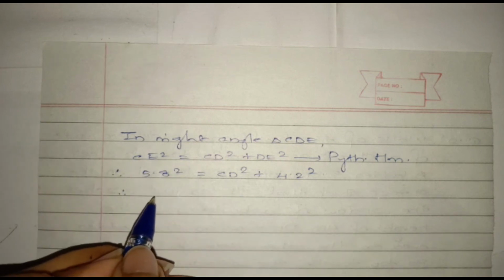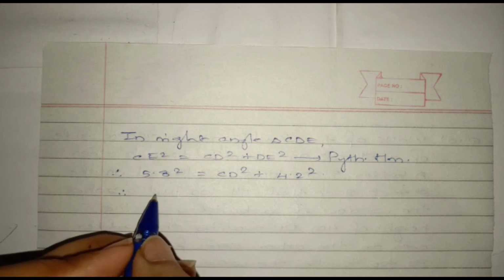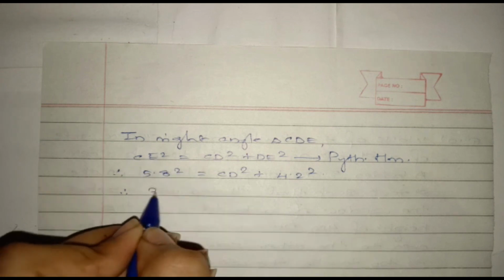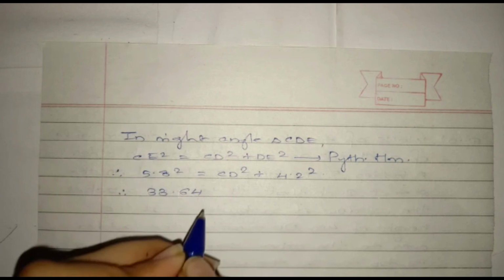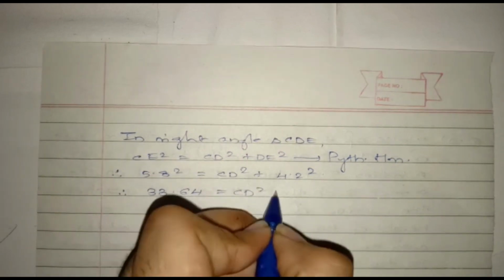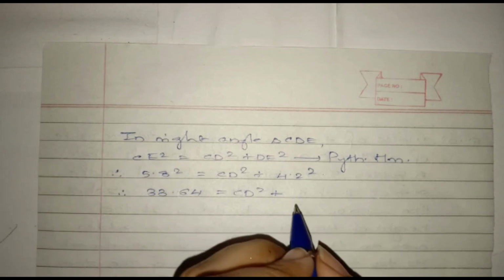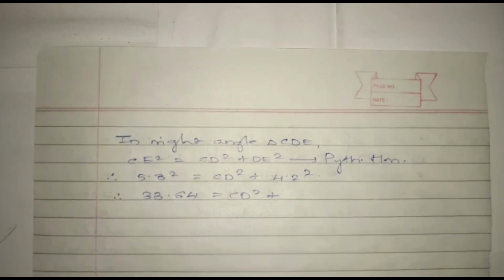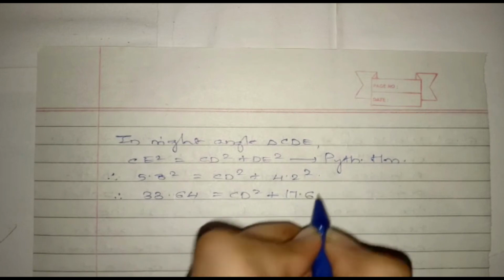5.8 square is 33.64. So 33.64 is equal to CD square plus the square of 4.2, which is 17.64.